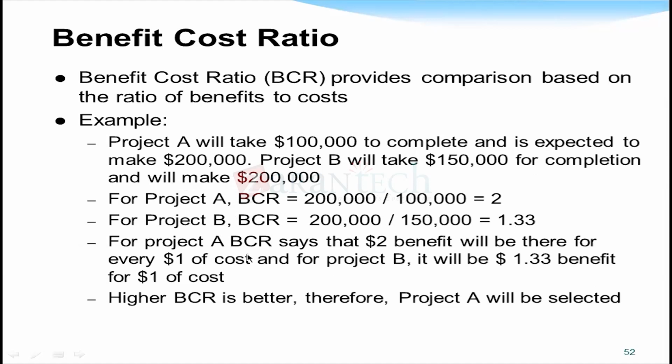Therefore, benefit cost ratio says that $2 benefit will be there for every $1 of cost for project A. And it will be $1.33 benefit for $1 of cost for project B. Therefore, higher the benefit cost ratio, the better is. Therefore, you are choosing project A. Right?